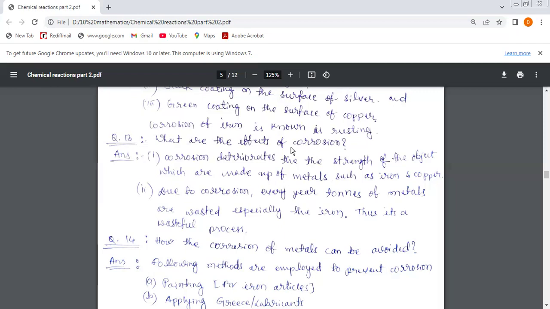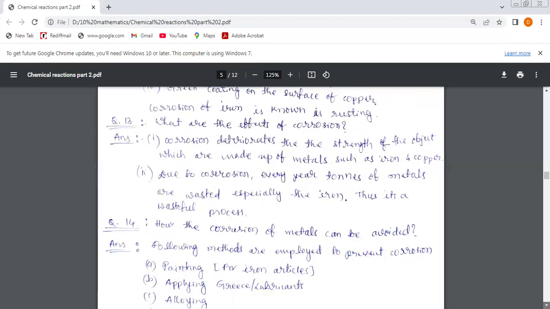That is called deterioration. Next, due to corrosion, every year tons of metals are wasted, especially iron. Thus, it is a wasteful process. We have seen that every year tons of iron material become waste because of this process, and hence we can consider this a wasteful process.